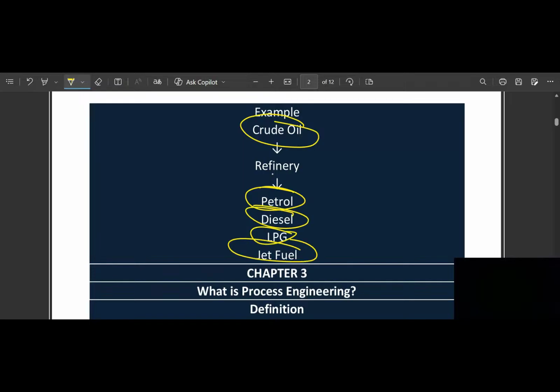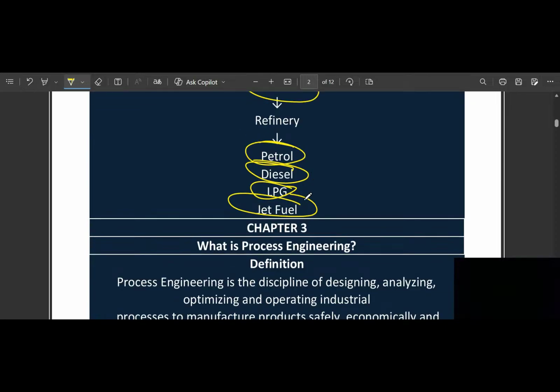In a refinery there are a lot of equipment, like distillation columns, reactors, storage tanks, pumps, heat exchangers, crackers. A number of equipment are there in the refinery.